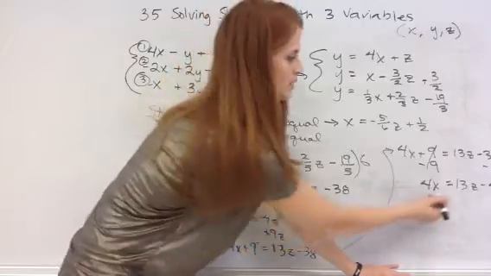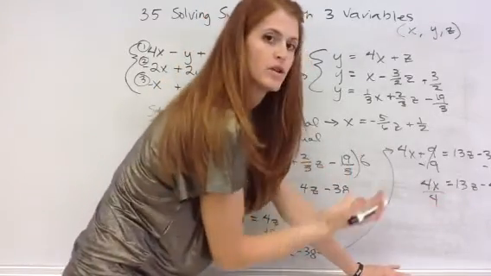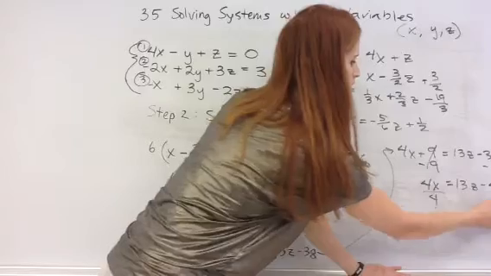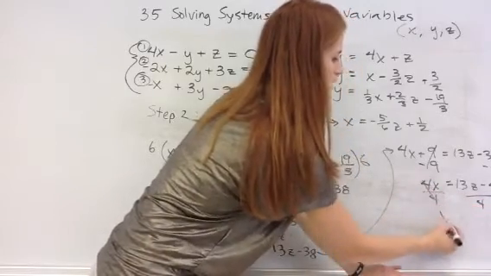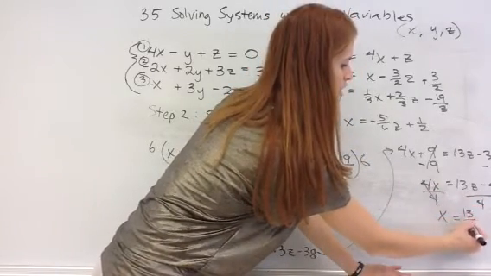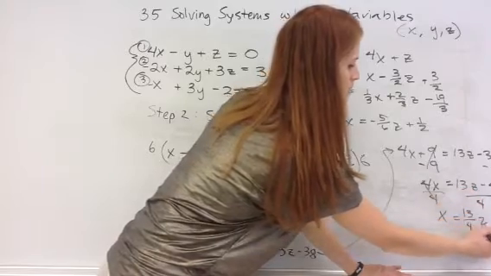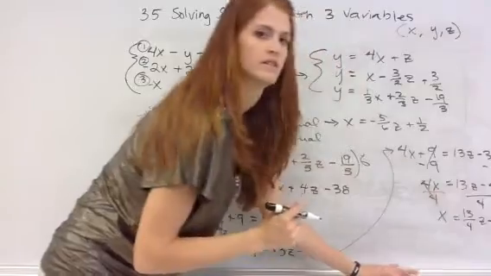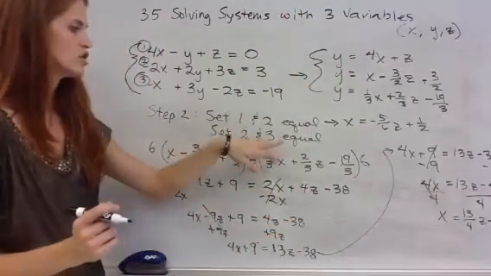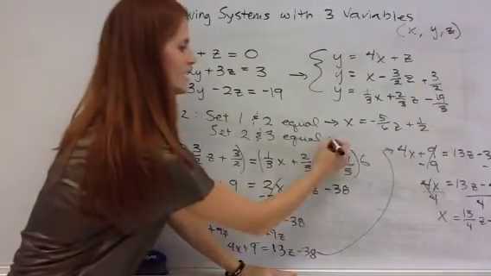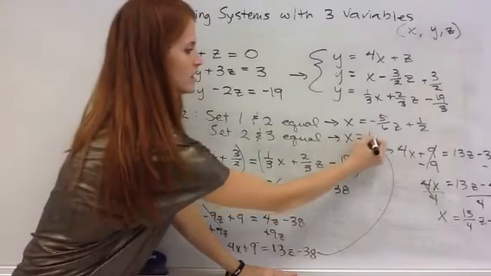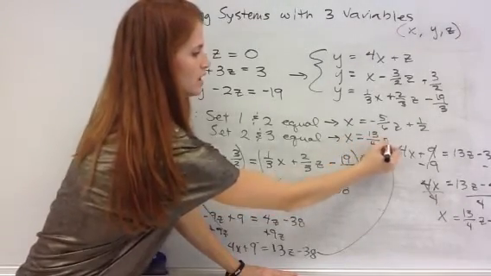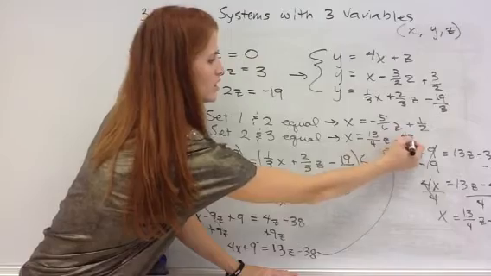Now I almost have x by itself. I just have the 4 I need to get rid of. So I'm going to divide by 4 on both sides. This goes away. I have 13 over 4 times z minus 47 over 4. So I've set equations 2 and 3 equal, and that gives me x equaling 13 over 4z minus 47 over 4.